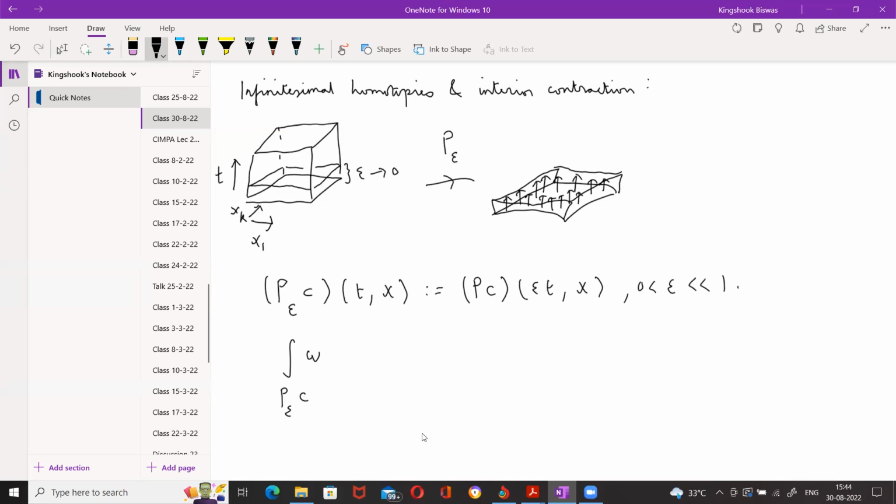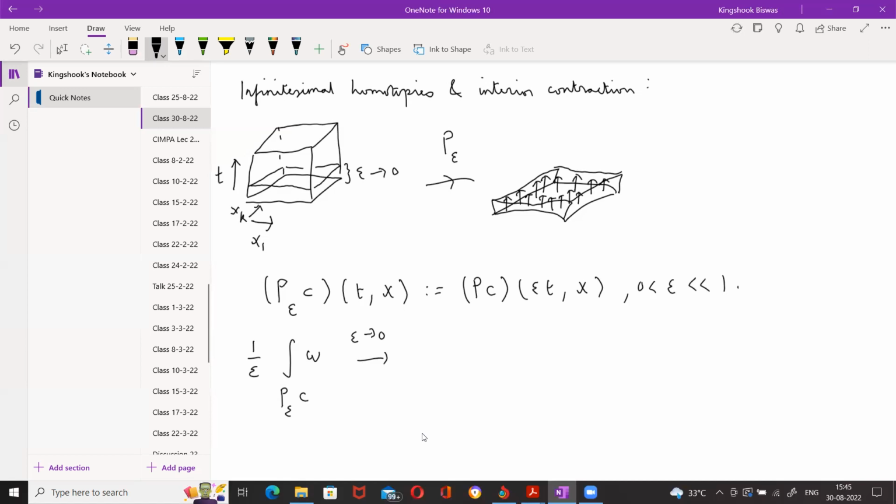Well, this should tend to 0 as epsilon tends to 0, because in this direction the length is going to 0, but it should tend to 0 like a constant times epsilon. So I should look at this divided by epsilon, and I should hope this converges to some limit as epsilon tends to 0. So before doing the calculation, let's just try to guess what it should be.